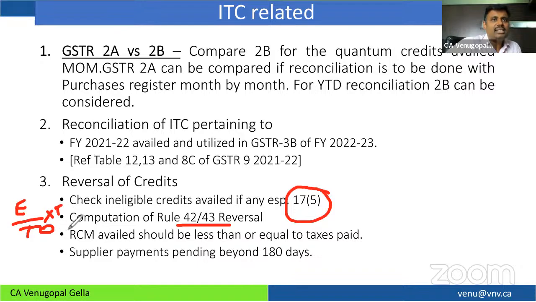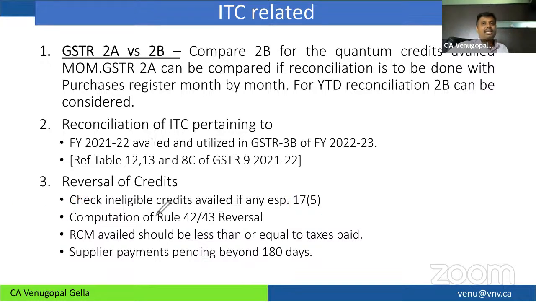Where the ITC is exclusively used for the taxable supply, you don't need to be worried, but for ITC used for both taxable and exempt, you apply this formula, exempt divided by total into ITC, and reverse that credit. You will have to do it again once in a year, in this month.